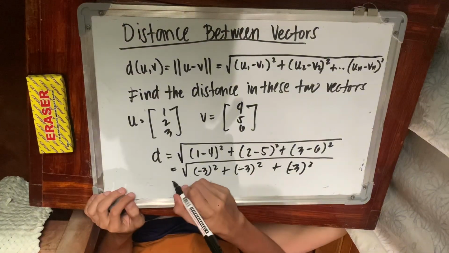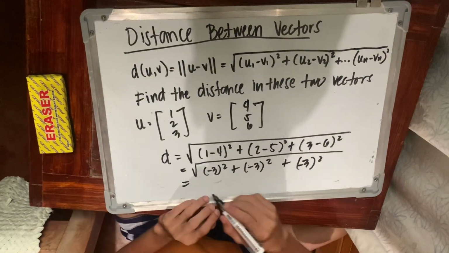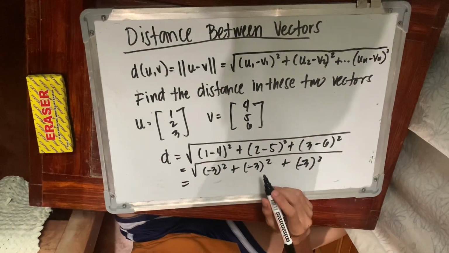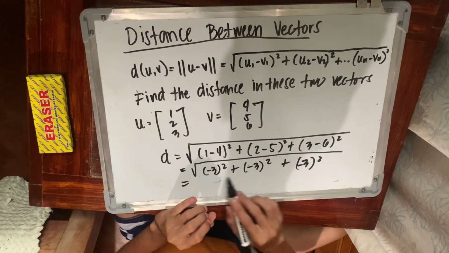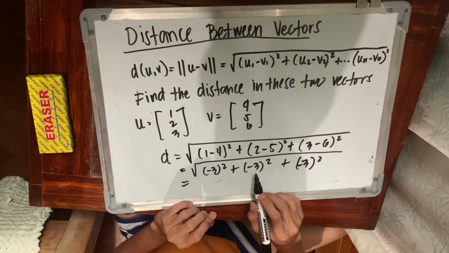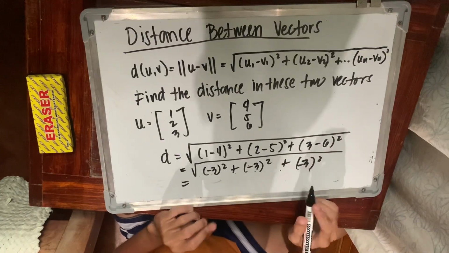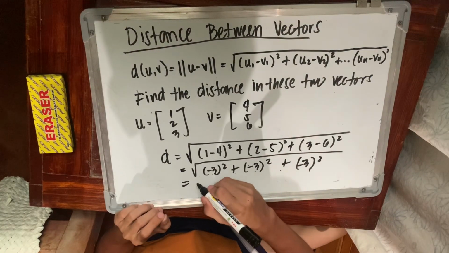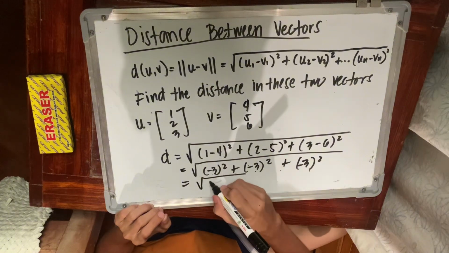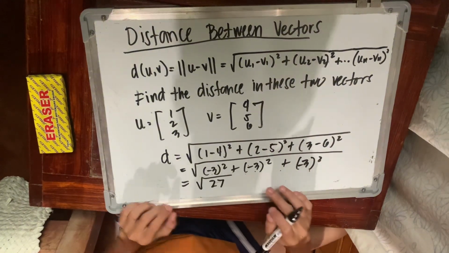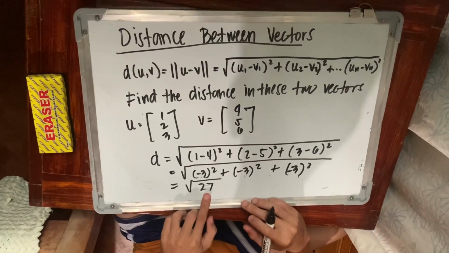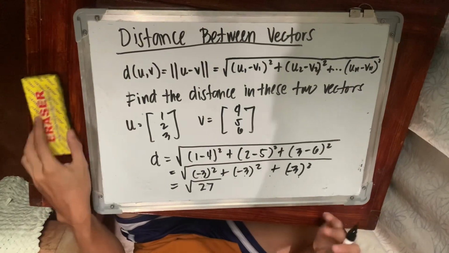So let's simplify. Negative 3 squared is 9. So 9 plus 9 plus 9 is 27. The square root of 27. Note that the square root of 27 we can simplify further.